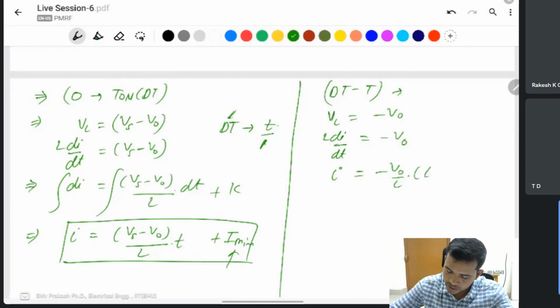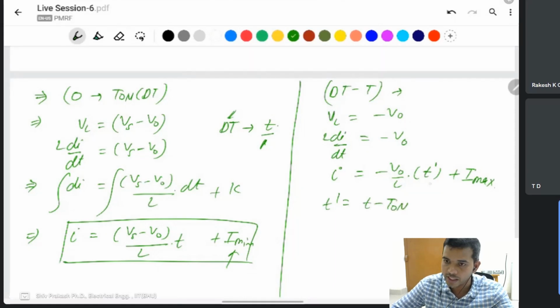And this will be t dash something plus I maximum. This is t dash because the time is different. I will take 0 to t. This time will be different because t dash is t minus T on.